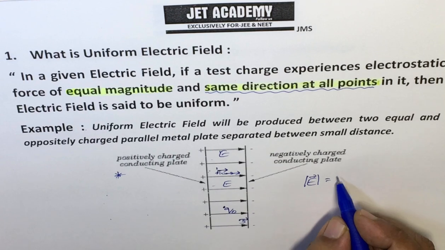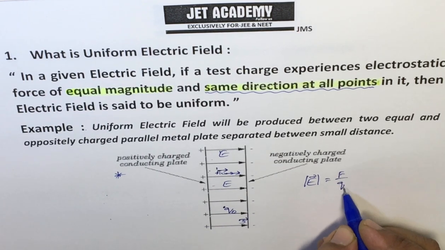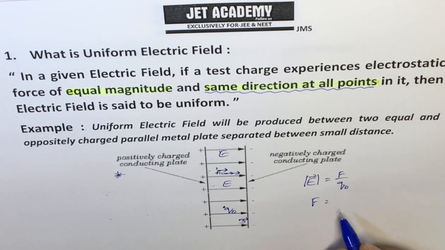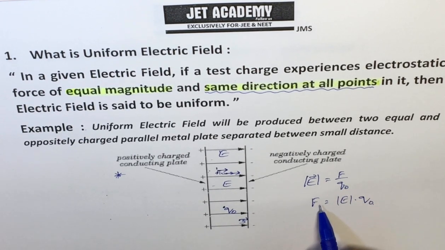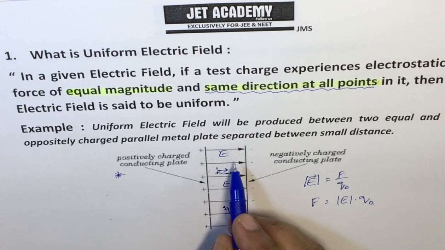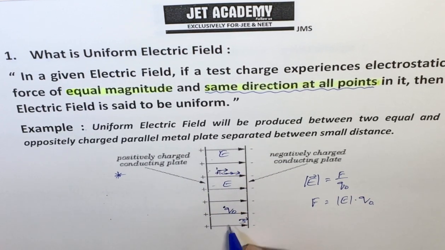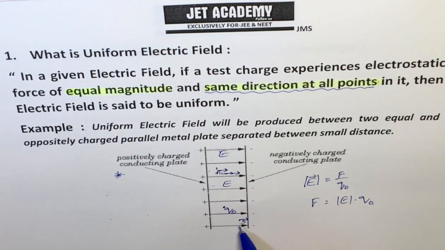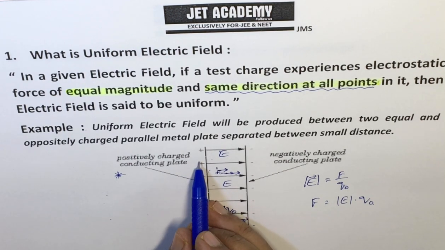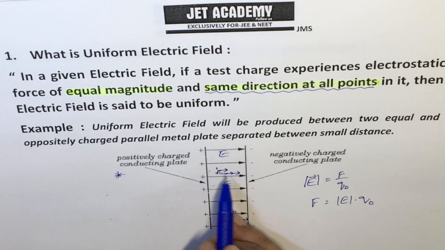Then the Coulombic force on the charge Q naught is the magnitude of E multiplied by the charge: F is equal to E Q naught. It is the same at all the points. Because of that, this is said to be an example of a uniform electric field situation. Please remember this. We come across this in the capacitor. In the capacitor plates there are always equally and oppositely charged plates, and between them the field is always uniform.